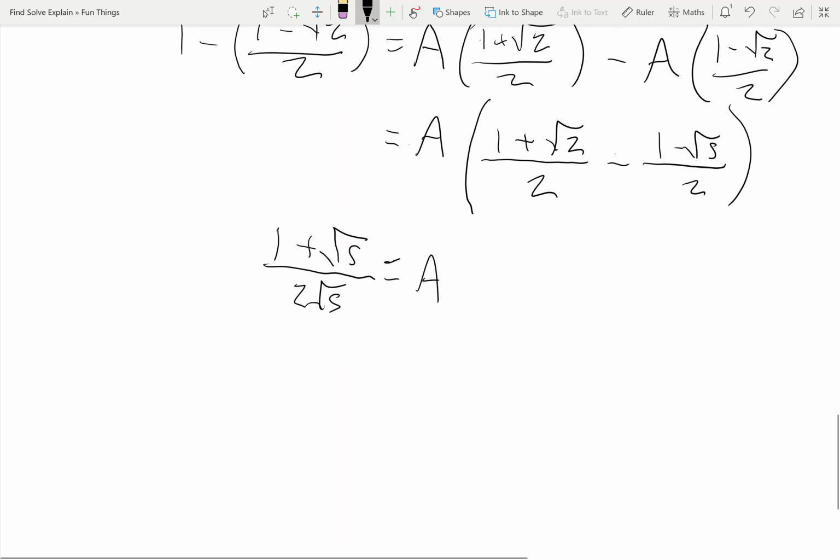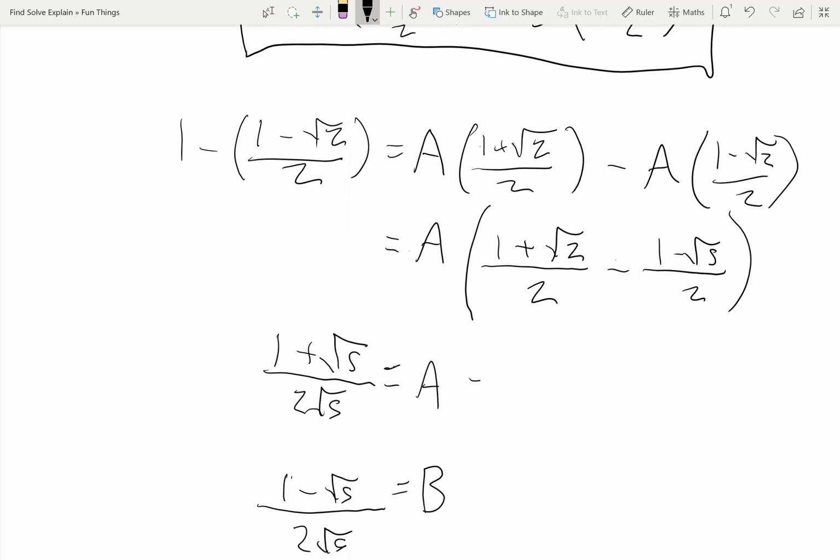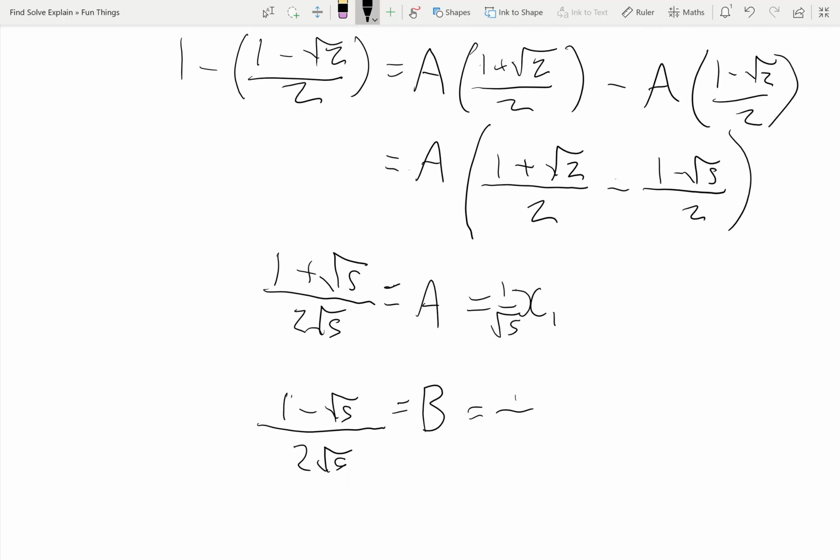And similarly, you can do exactly the same thing almost for B, getting it to be 1 minus root 5 over 2 root 5. Now the really cool thing about the Fibonacci numbers is that this is actually equal to just x1 times 1 over root 5, and this is equal to 1 over root 5 times x2.